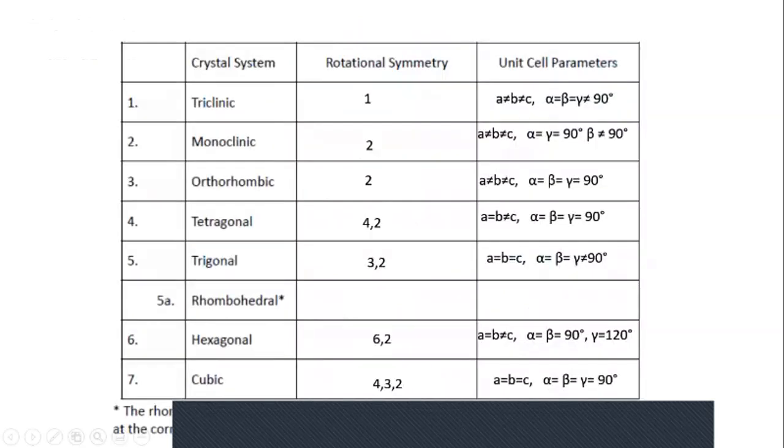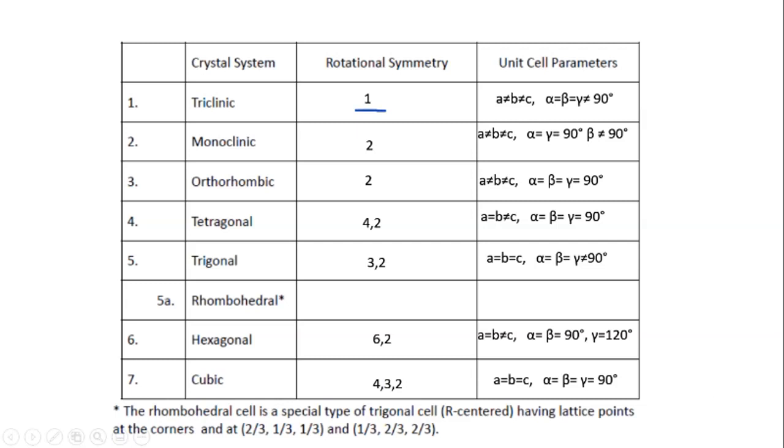So what we're showing you here is, in each crystal system, the type of rotational symmetry that can be present. This is very important because based on the space group, you can determine the type of crystal system. So it's important to know what type of rotational symmetry you can have in these crystal systems. For triclinic, the only rotational symmetry is 360 degrees, aka the identity.